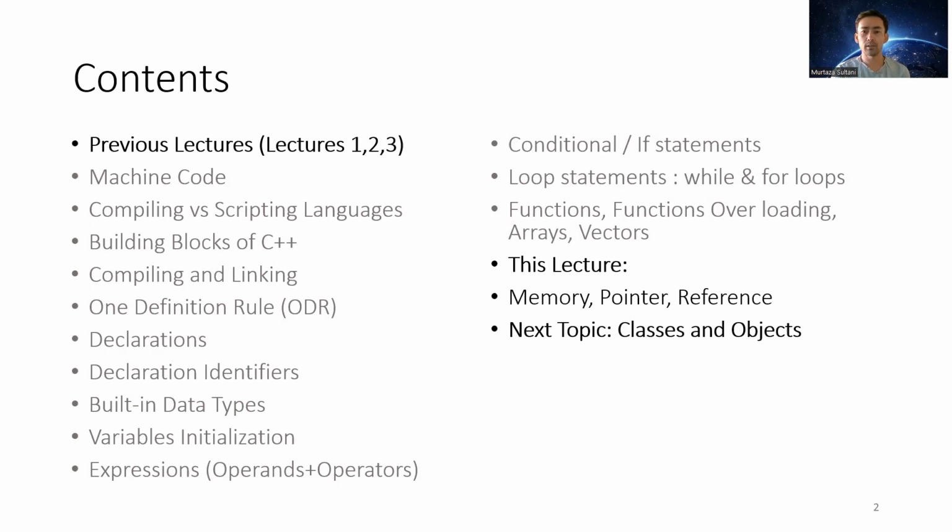We talked about arrays, and said that arrays are fixed in size, and the size can be determined at compile time. We cannot change the size of arrays at run time. We talked about vectors and said that the vector size can be determined at runtime, so there is flexibility.